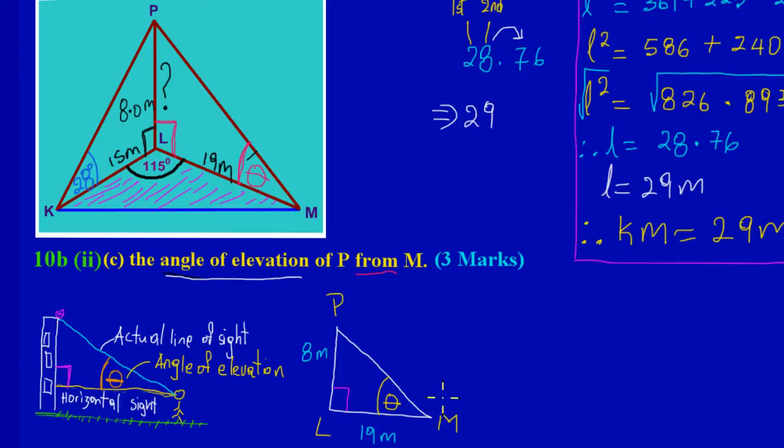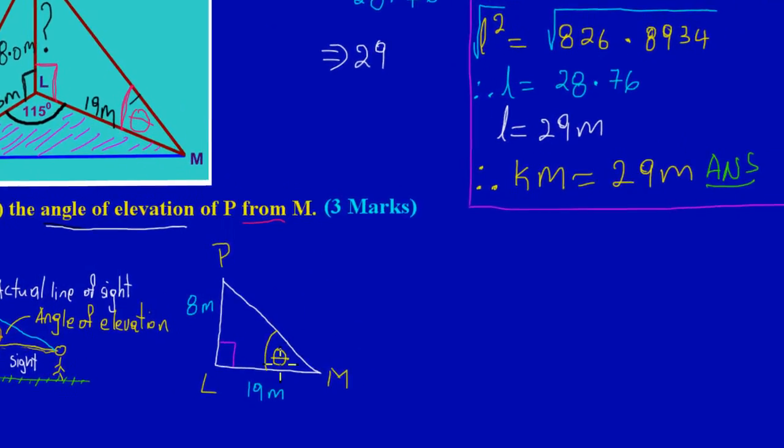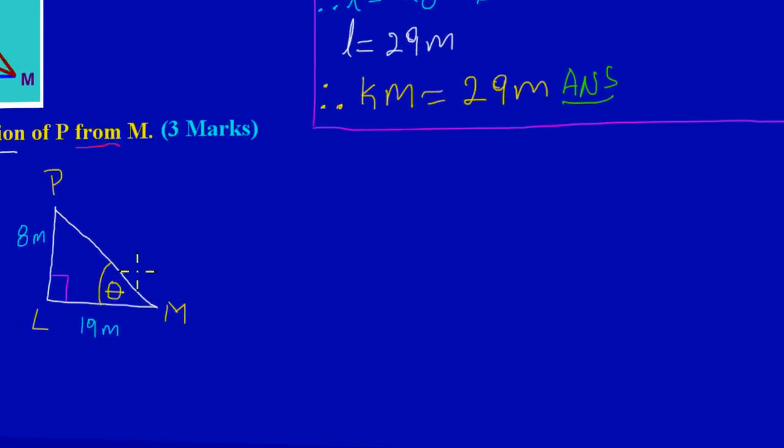So basically, my friends, we're simply finding the angle theta, which is located at M. Since we have a right angle triangle and two sides that are given, we can use the trig ratios to find the angle theta that they're asking us to find. So let's make a quick recap on the trig ratios.